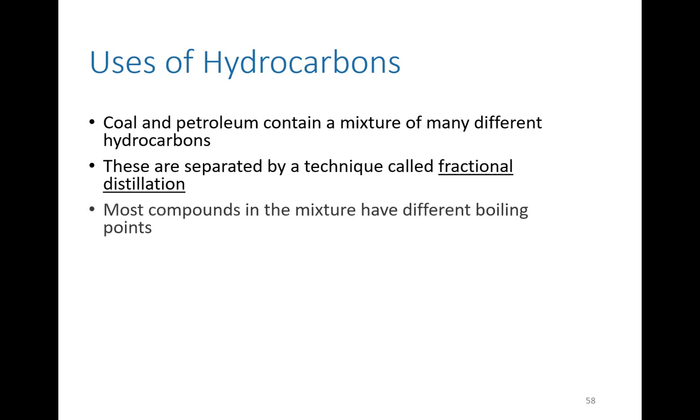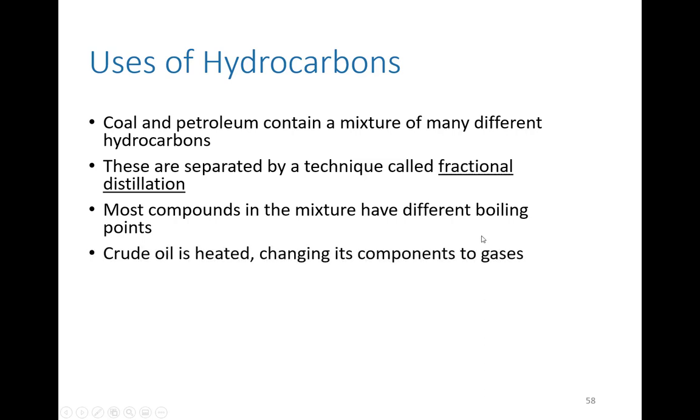Now, the compounds that are in the mixture have vastly different boiling points. Recall that the compounds which have very few carbons in them are going to have very low boiling points, while the ones which have substantial amounts of carbon in them are going to have high boiling points. So what we can do is heat these up to separate out some of the different components in the mixture.